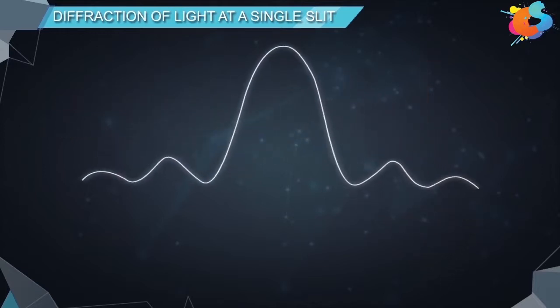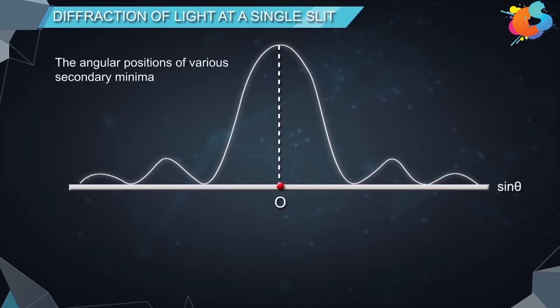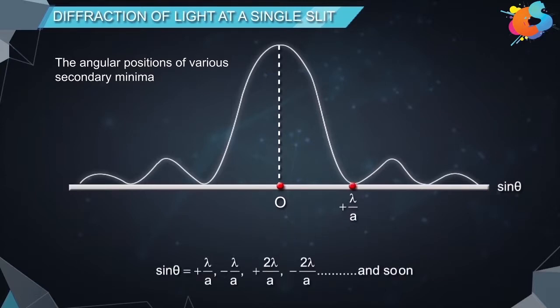Figure here shows the intensity of diffraction pattern for single slit for various angular positions sin theta. The pattern has central bright maximum formed at point O. The angular positions of various secondary minima are sin theta is equal to plus lambda by a, minus lambda by a, plus 2 lambda by a, minus 2 lambda by a, and so on.